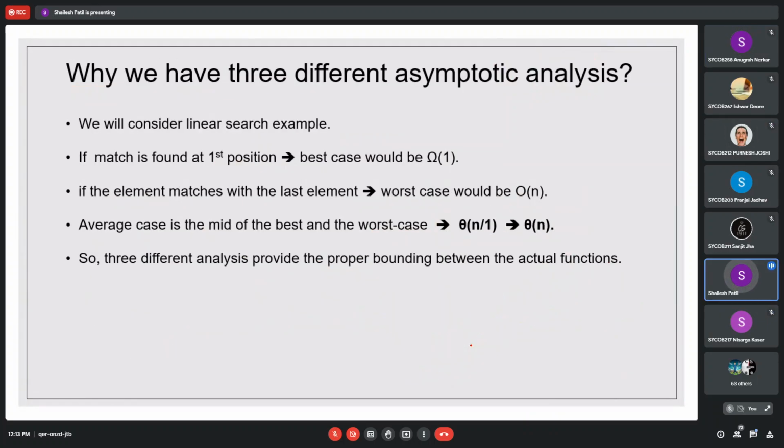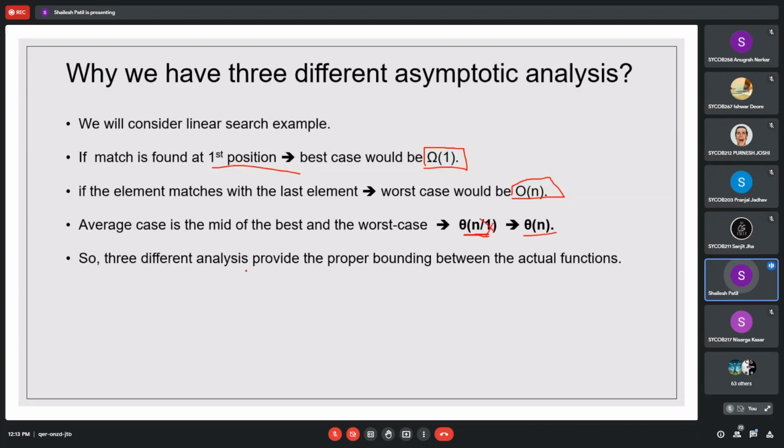So again, why do we have three different notations for analysis? Taking the same example of linear search: if the match is found at the first position, that is the best case. The worst case is the last position, and the average case ranges from n to 1, or 1 to n, but we eliminate the constant, so it is theta of n.